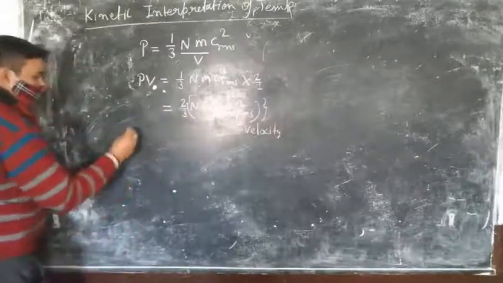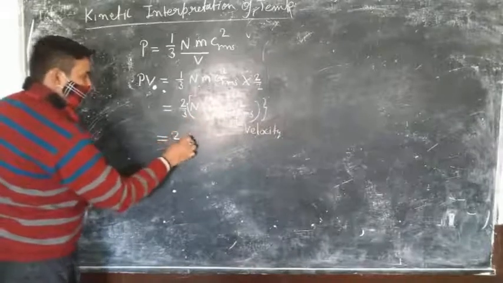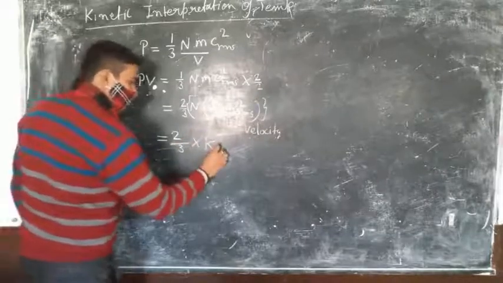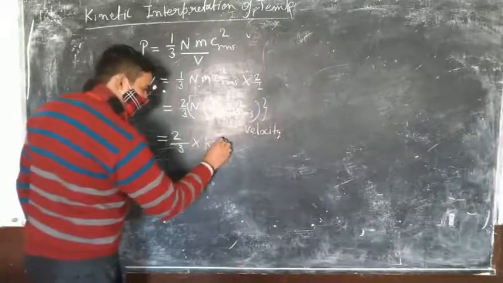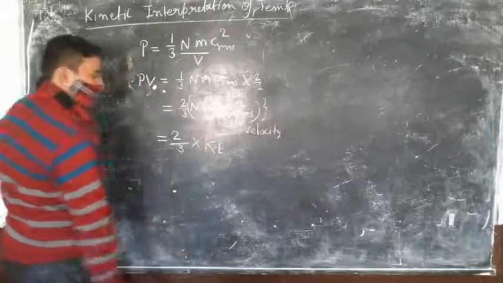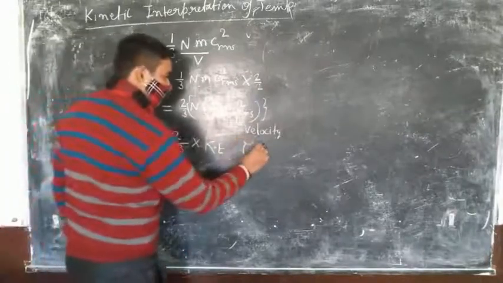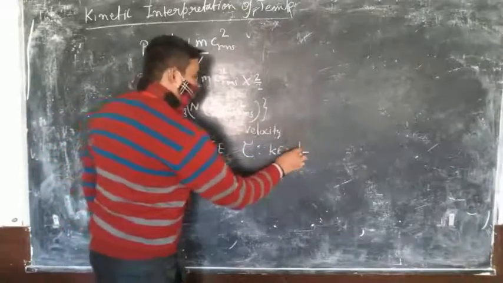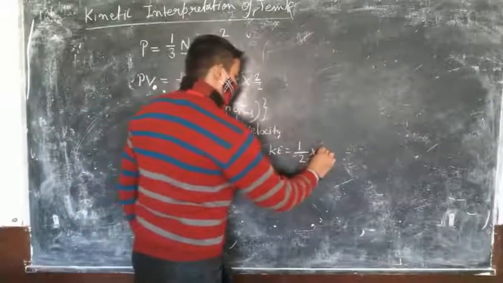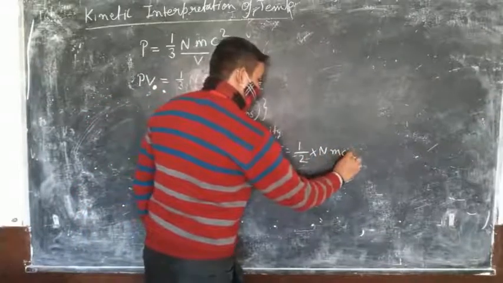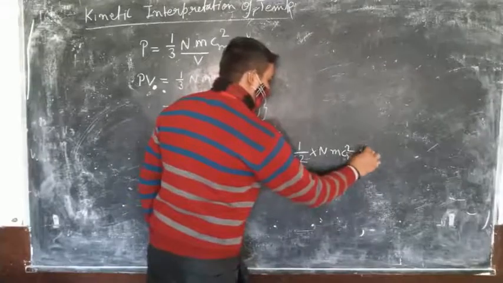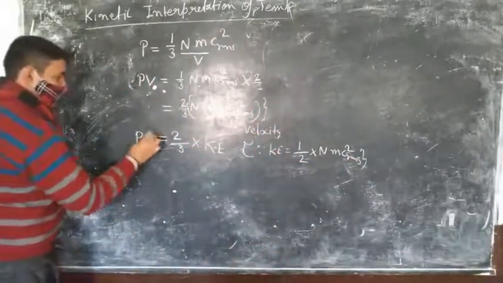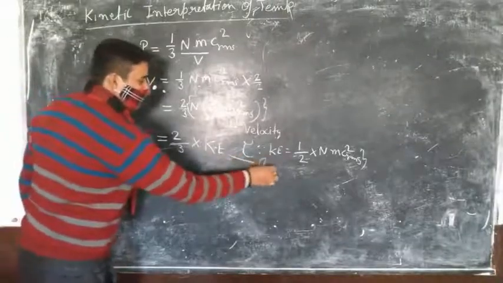So here we can write 2 by 3 into KE for kinetic energy, where KE is equal to 1 by 2 into m CRMS square. Clear? Now this is equal to PV. This is your equation first.